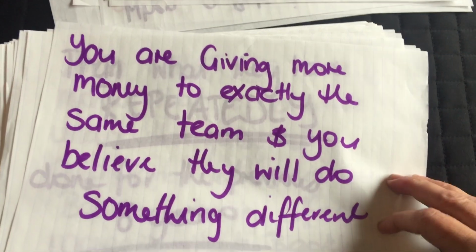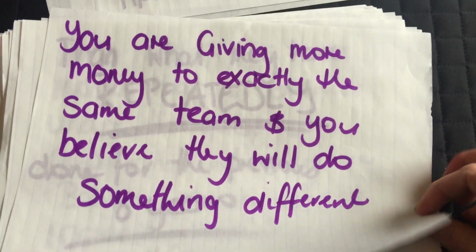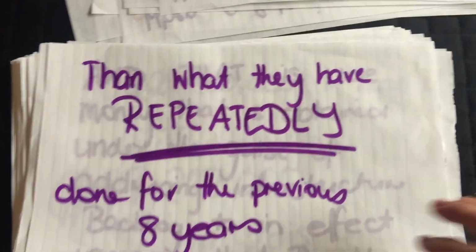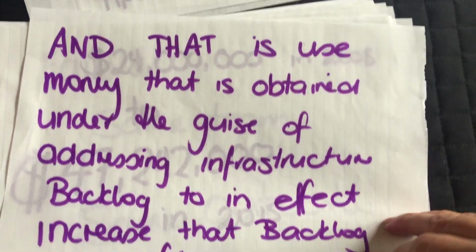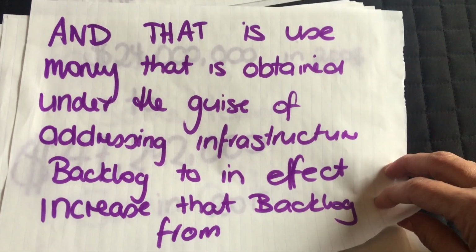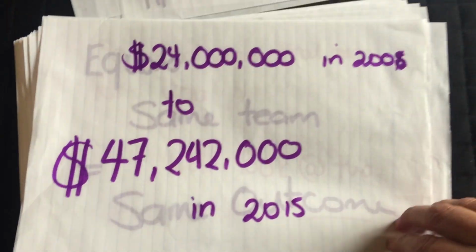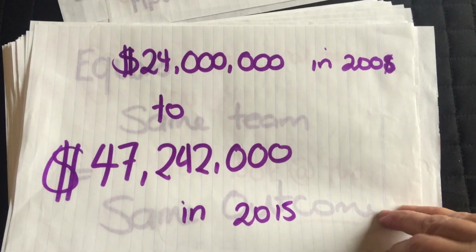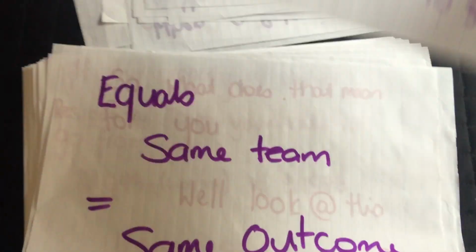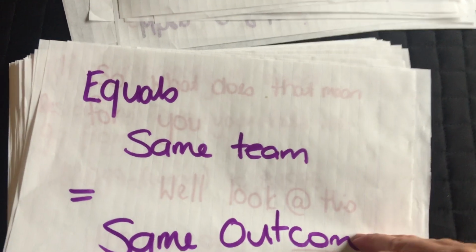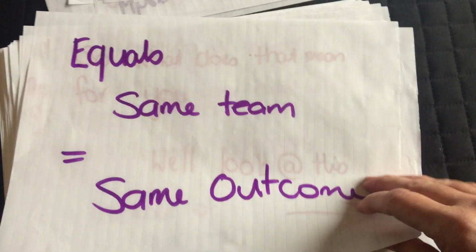You are giving more money to exactly the same team, and you believe they will do something different than what they have repeatedly done for the last 8 years. And that is use the money that is obtained under the guise of addressing infrastructure backlog to, in effect, increase our backlog from $24 million in 2008 to $47,242,000 in 2015, which in my opinion equals same team, same outcome.